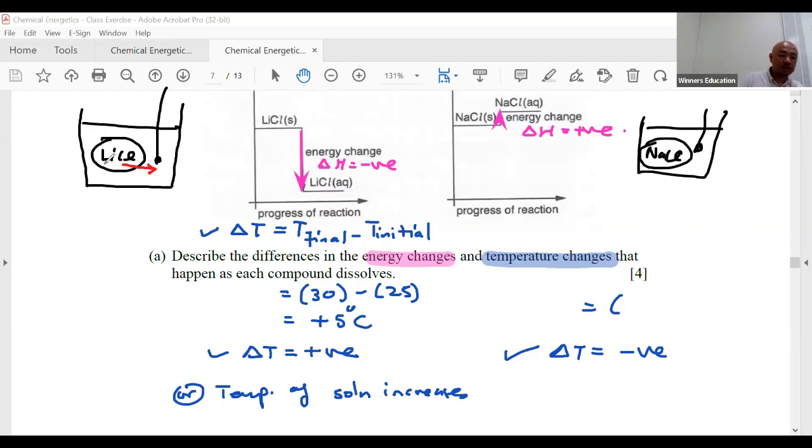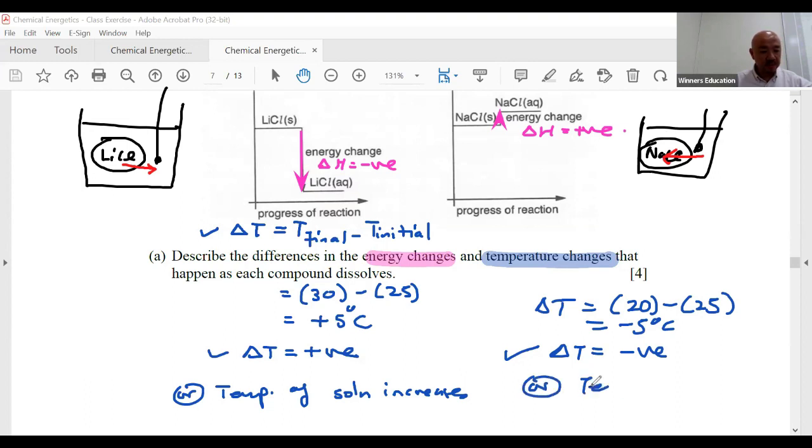NaCl, heat energy, endo, goes in. So final, obviously, is a lower value. So let's say 20 minus 25, room temperature, is minus 5 degrees Celsius. I say delta T is negative. Or once again, you can say the temperature of the solution decreases.